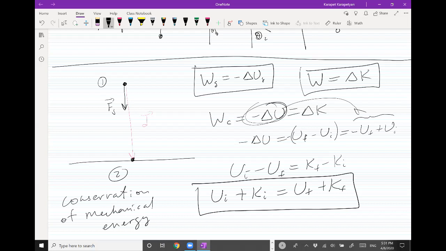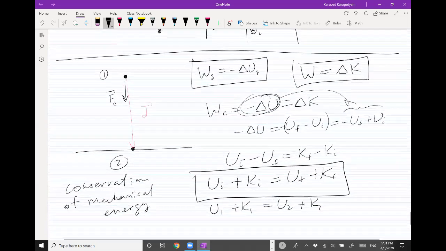So this is initial, this is final. One thing we can say is it just means 2 points. So I can also write this as U1 plus K1, the sum of kinetic and potential energies for point 1, equals U2 plus K2, the sum of the potential and kinetic energy for point 2.